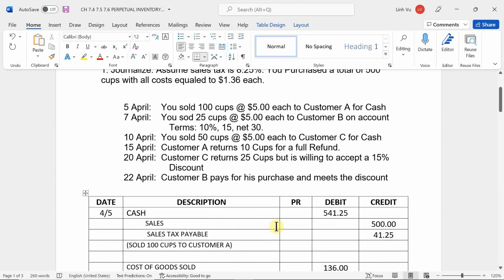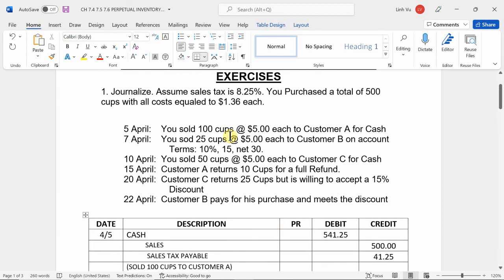Last but not least, on April 22nd, customer B decides to pay in full for his purchases and meets the discount. Okay, so we gave him terms of 10%, 15, net 30, right? We sold it to him on April 7th, and 15 days later is April 22nd.